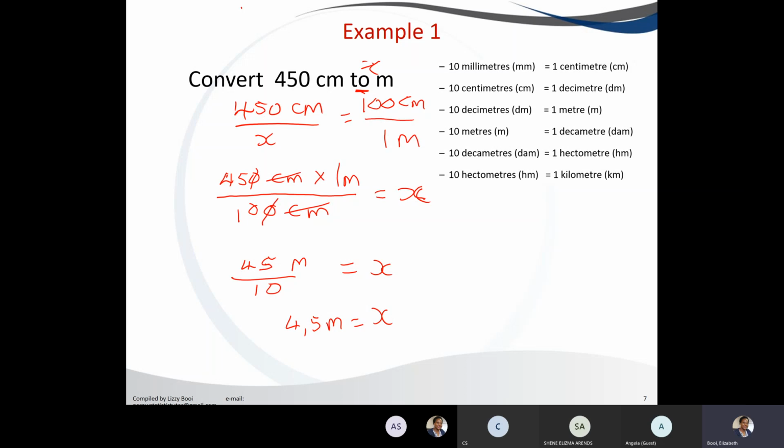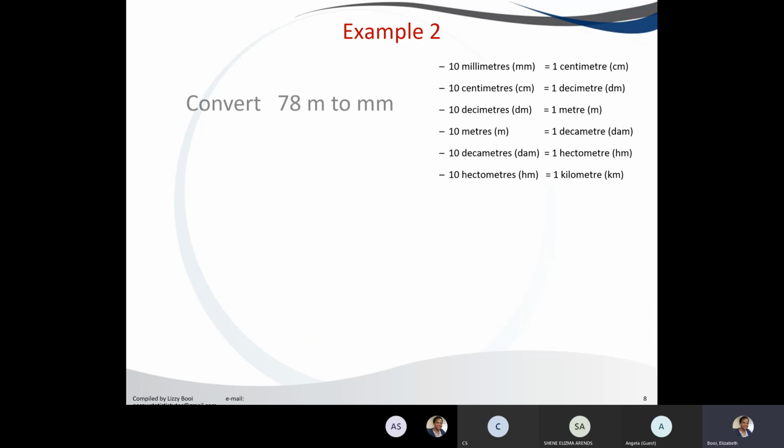If you don't remember whether you need to multiply or divide by how many tens, you can use this method. Let me repeat the method again. Let's say we're converting from 78 meters to millimeters.